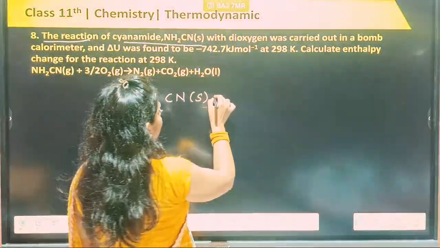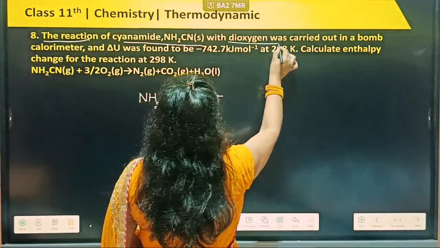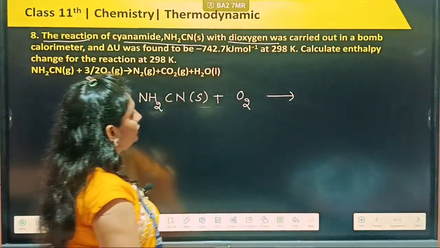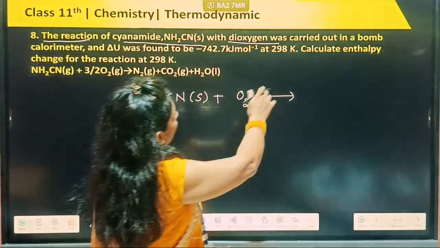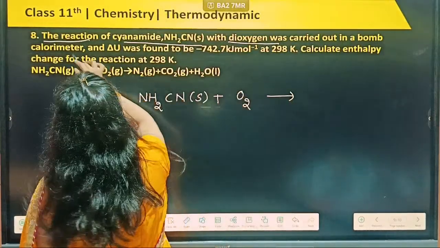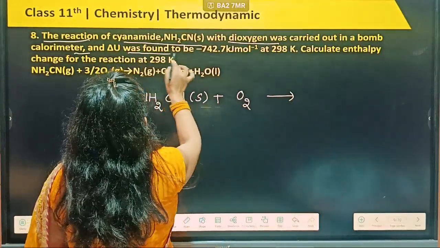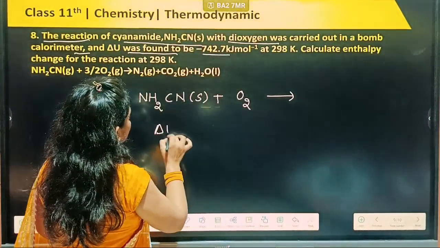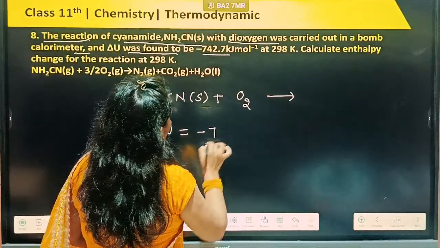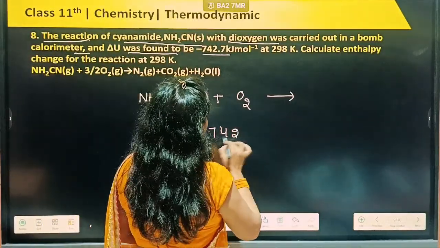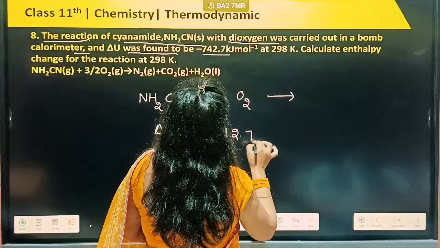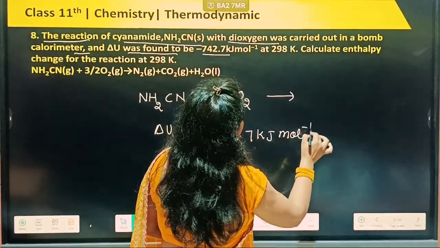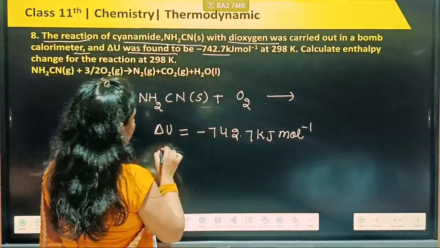Then students, it reacts with dioxygen, was carried out in a bomb calorimeter, and del U was found to be minus 742.7 kilojoule per mole at 298 Kelvin.